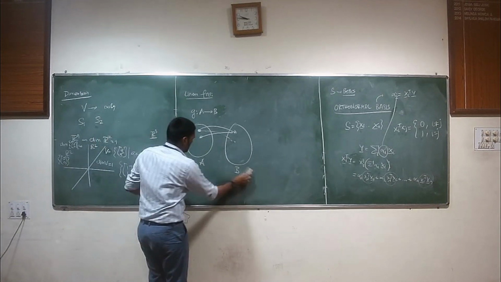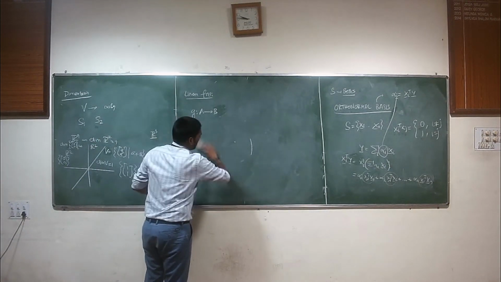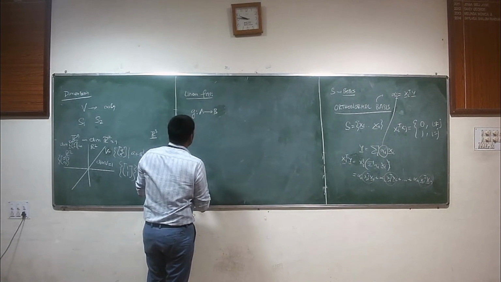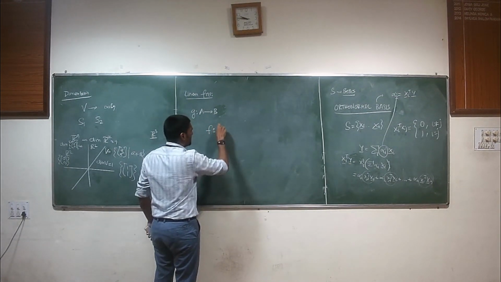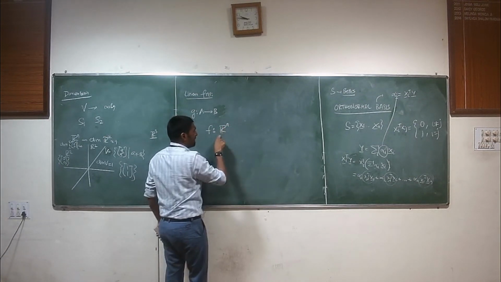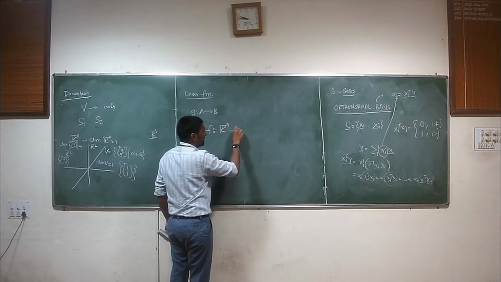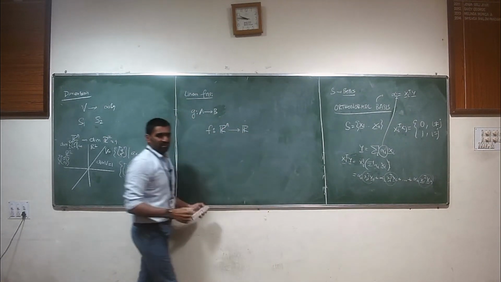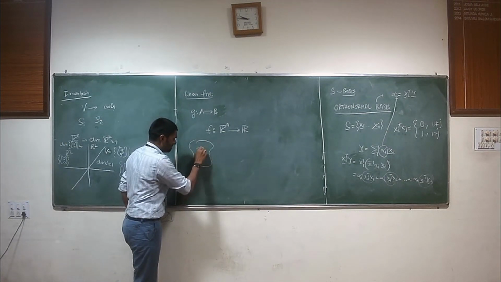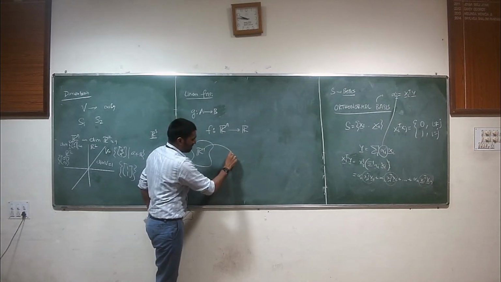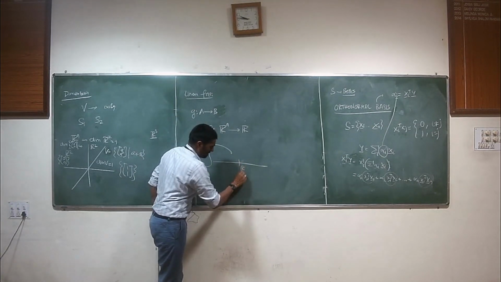Okay, so this idea of a linear function is simply this: f is a function if it maps elements from Rn to R. That means it takes elements from this huge space and maps them to the real line.